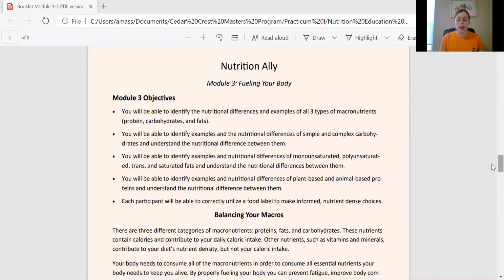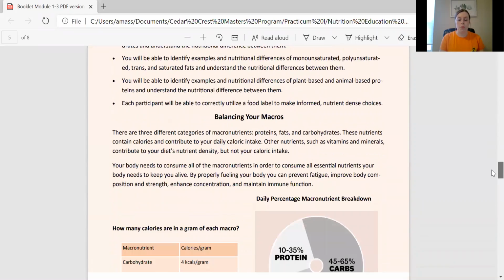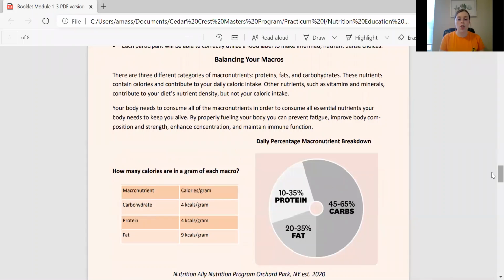All right, so here we have the Module 3 overview, and this is really where I wanted to start. For balancing your macros, I want to talk more about the proportions that each of these should be in your diet.